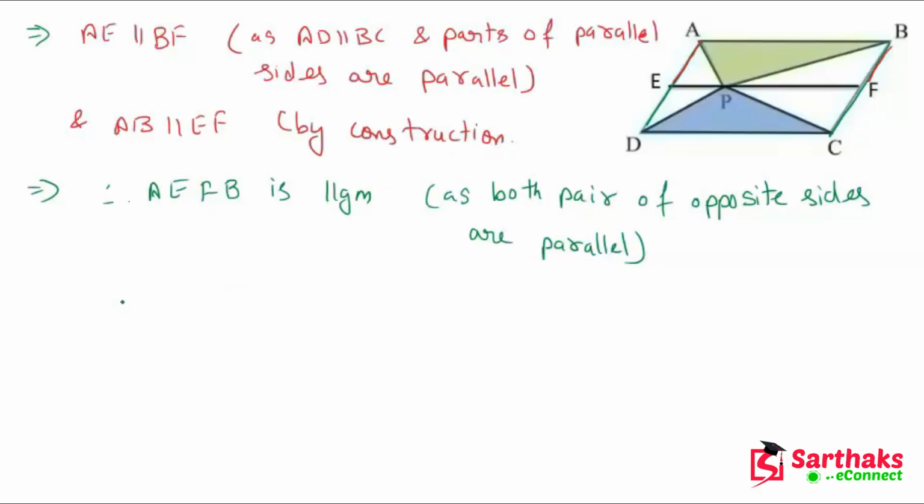So now similarly, we can say that EFCD is a parallelogram, because we know that EF is parallel to DC by construction, and we know that AD is parallel to BC, and ED is also parallel to FC, because parts of the parallel sides are parallel.